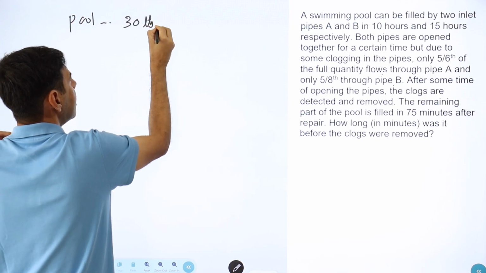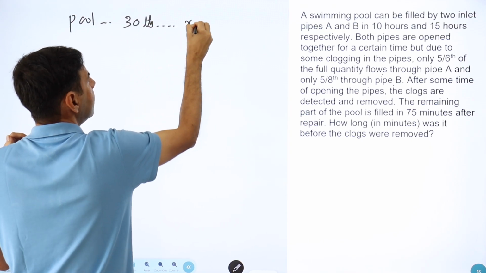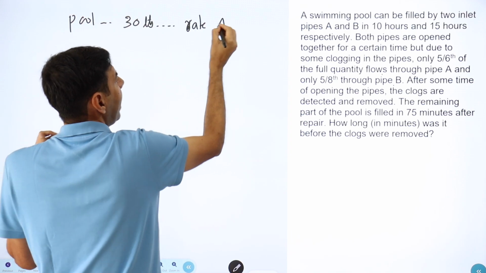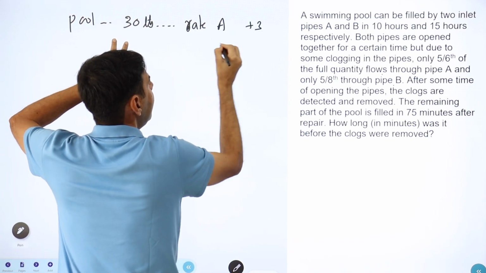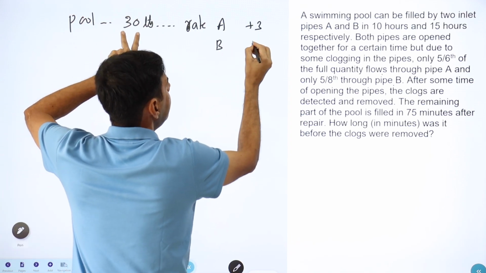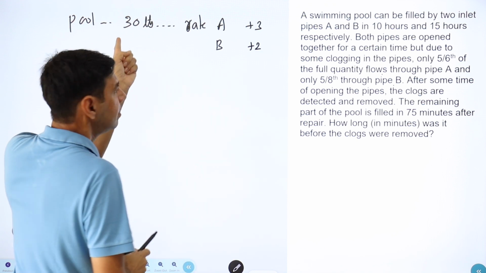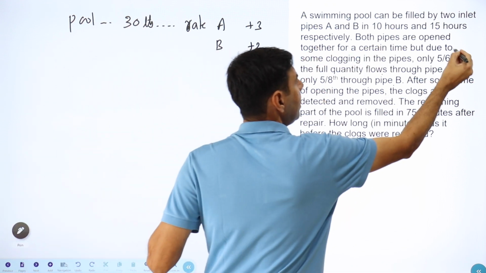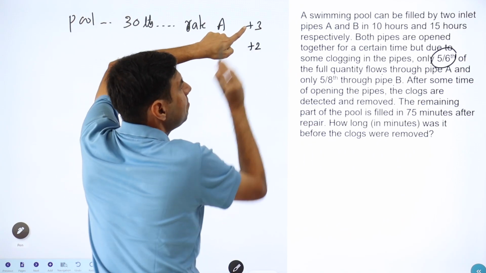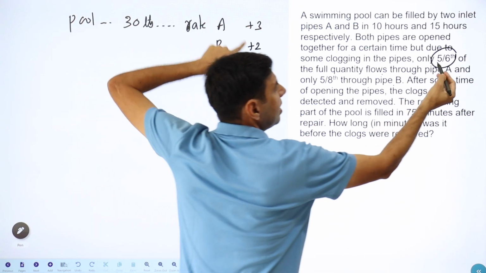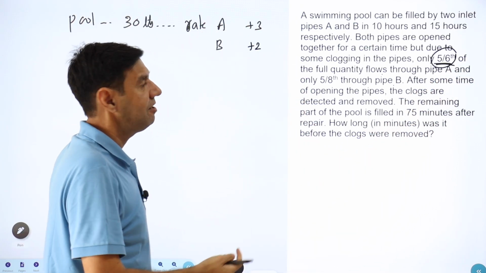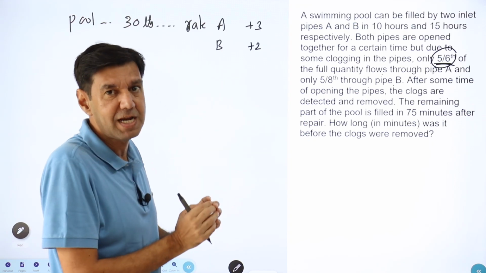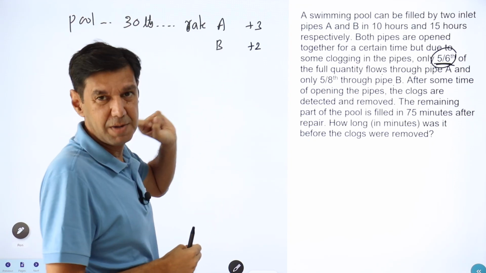So if you take 30 liters, A's rate is going to be +3 and B's rate is going to be +2, right? 15 hours, 30 liters. But then you also need to do this. This should be a multiple of 6. I would have liked it to be a multiple of 6, because if the clogging is 5/6, the rate will become 5/6. This is not a multiple.